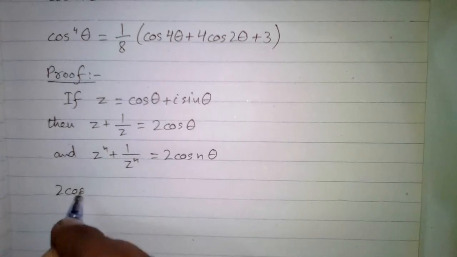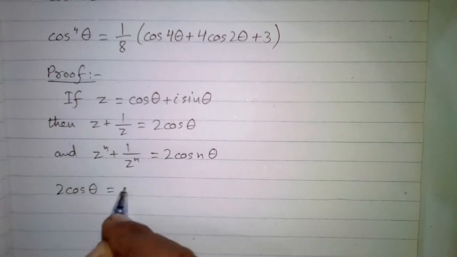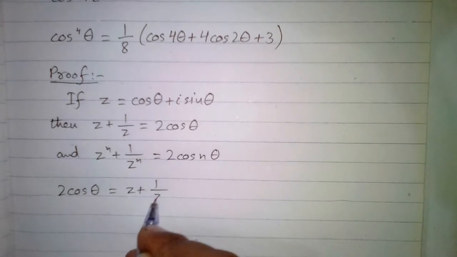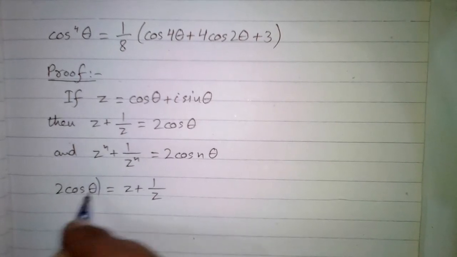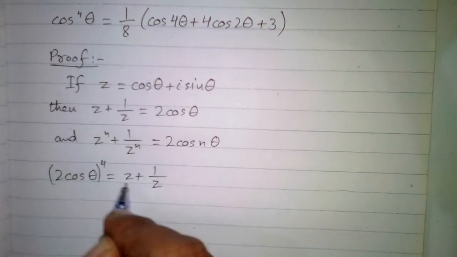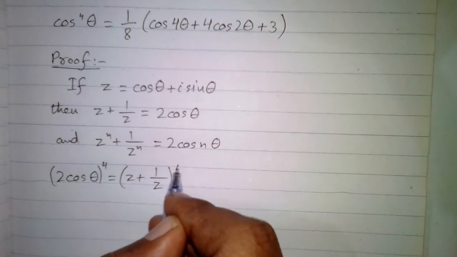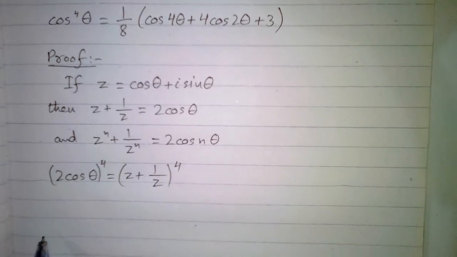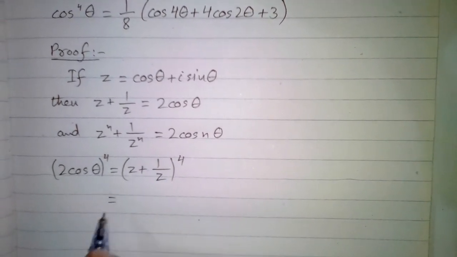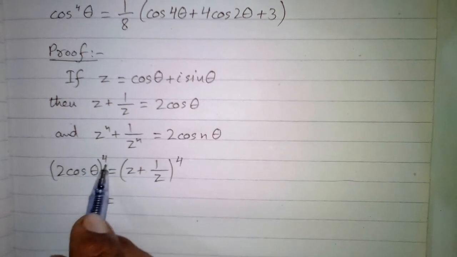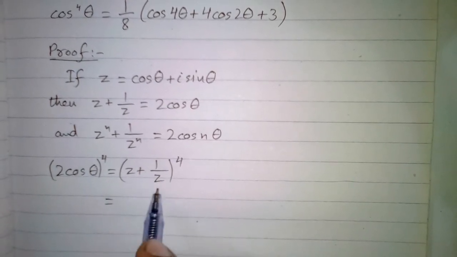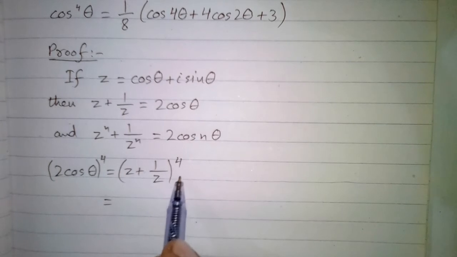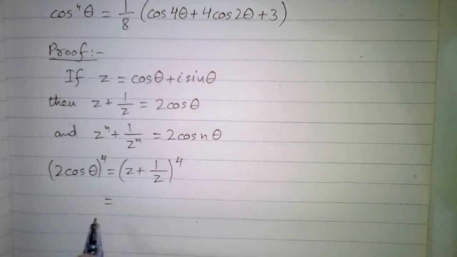So we know that 2 cos theta is equal to z plus 1 upon z. Now we apply the power 4 on both sides. So we have (2 cos theta)^4 is equal to (z plus 1 upon z)^4. Now here we will apply the binomial theorem.